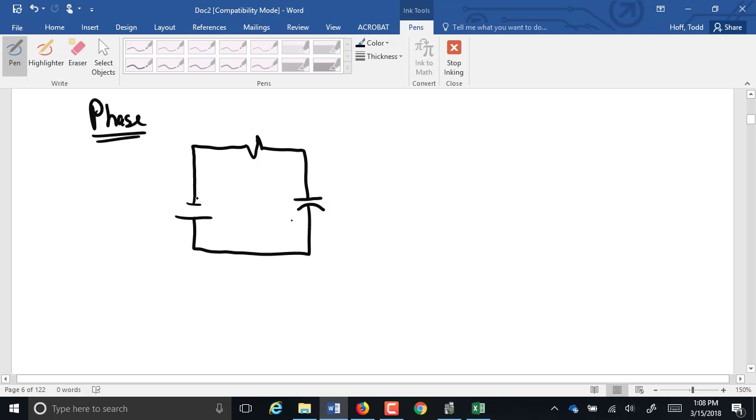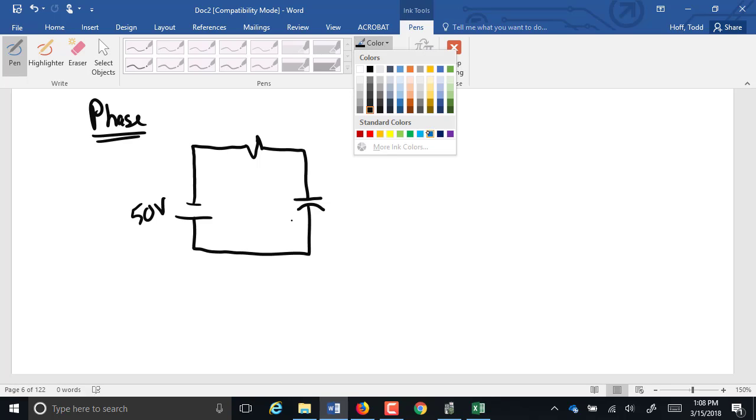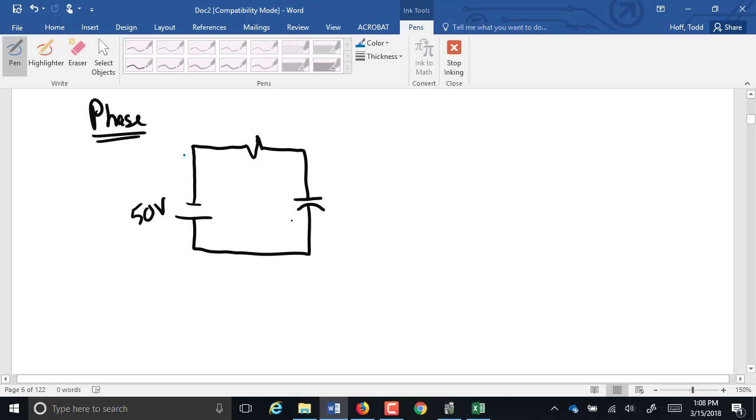When I first open or close the circuit, I should say, I start out with 0 volts on that capacitor, but let's say I have 50 volts here. When I first close that circuit, let current start to flow, all 50 volts is on that resistor, isn't it? The capacitor has 0 volts on it.